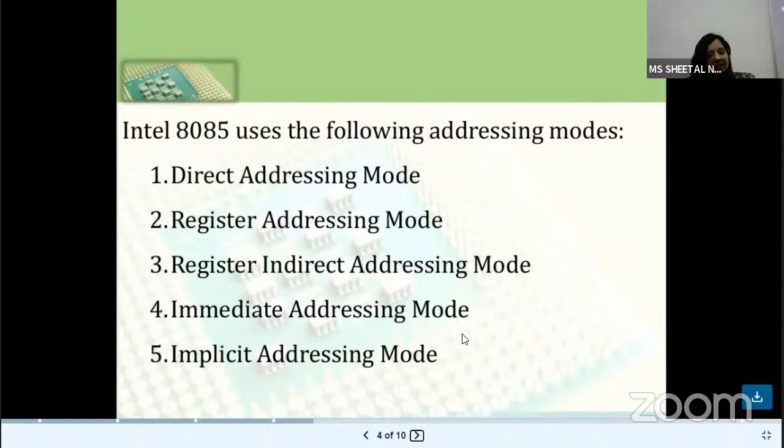And what are addressing modes for the 8085 microprocessor? The way of specifying data to be operated on by an instruction is called addressing mode. In 8085 we have 5 addressing modes, which we have discussed in this video. Thank you.